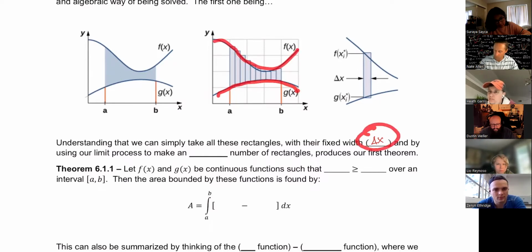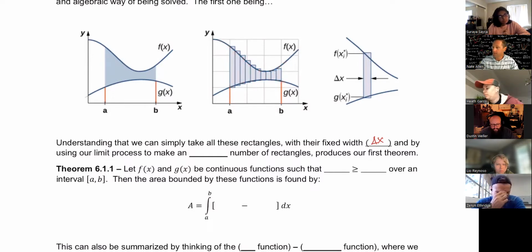The cool thing is the width will be the same, so it's like we factor it out. But the heights of each one of these is going to be different for both f and g. And because those vary, we're going to have variables. So we're not going to still, as Soraya mentioned, do we really even need those Riemann sums when we're going to cut it up infinitely?